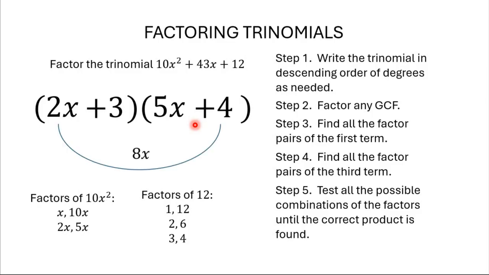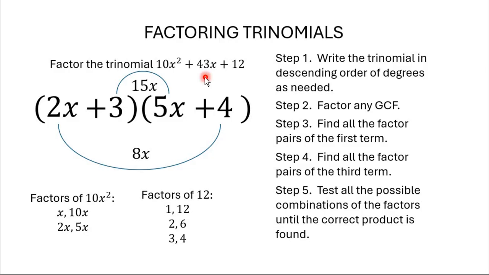So let's try the outside product. 2x times 4 gives me 8x, and the inside product, that's 3 times 5x, will give me 15x. When I try to add those to get 43, that doesn't work out, because 15x plus 8x gives me 23x, not 43x. And I need 43. All right, so that does not work either.